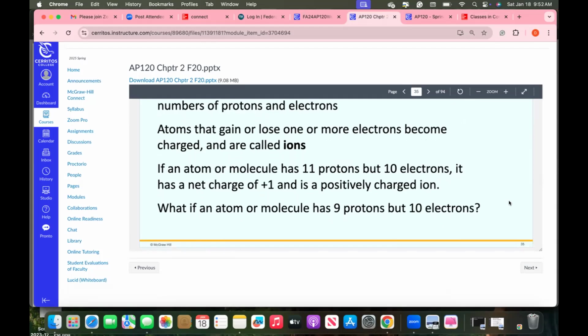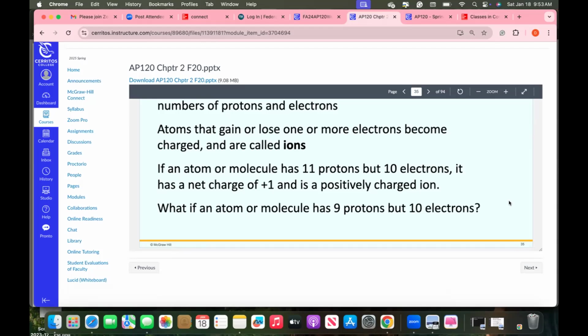There are 9 positives and 10 negatives, so each of the positives cancels out one of the negatives.